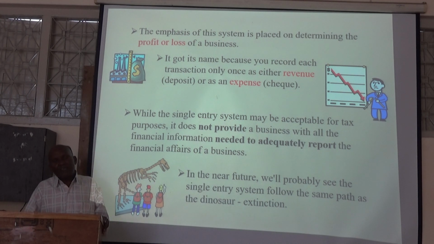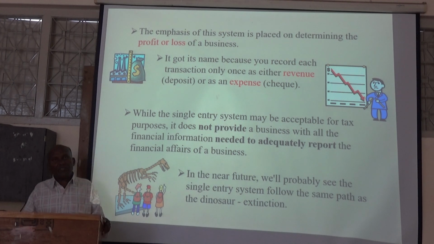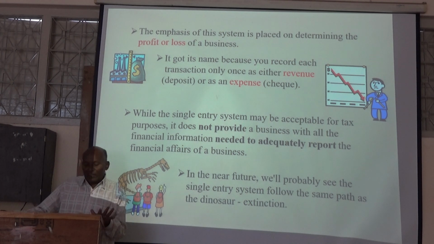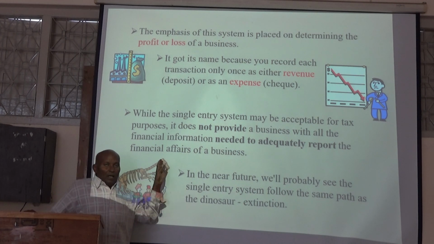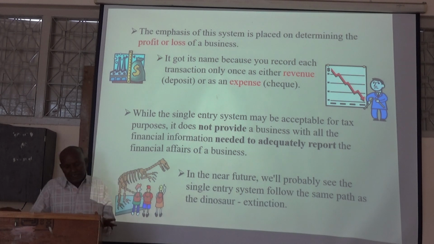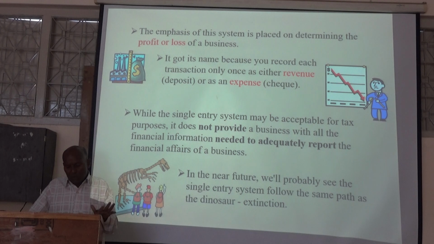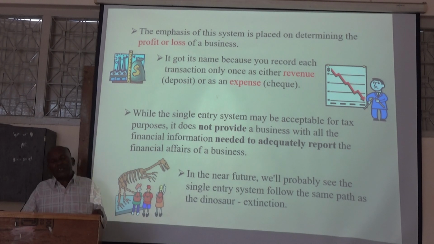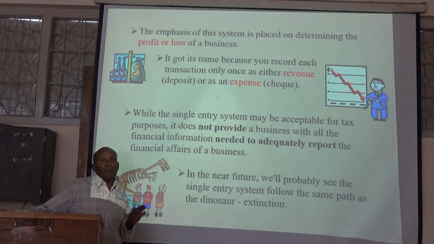In this system, there are some disadvantages. First, arithmetical accuracy cannot be assured because various accounts are not kept. Second, this method gives scope for misappropriations and some frauds.